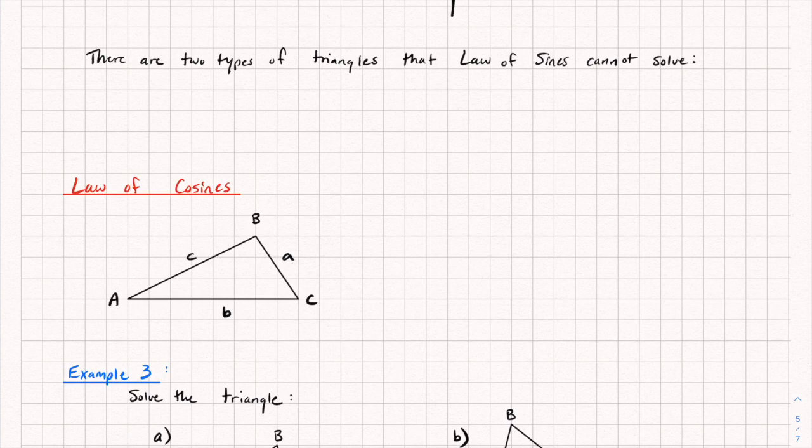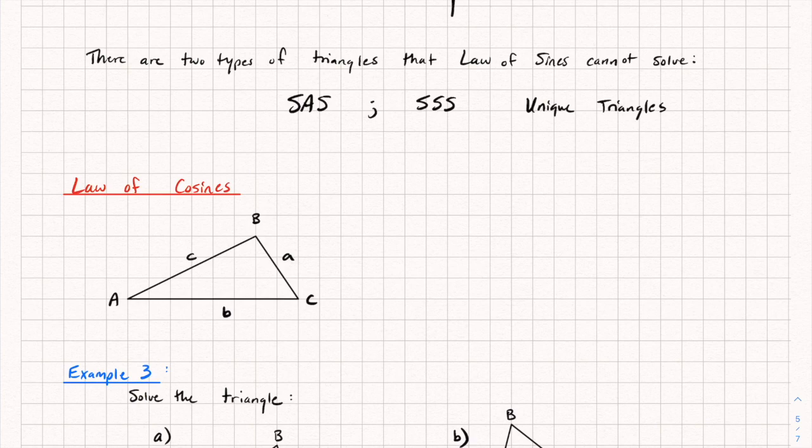Now, those two cases are specifically side, angle, side, and then side, side, side. Right? And both of these cases, we would be able to draw unique triangles. There would be no other way to come up with another possible triangle. Thus, there's no ambiguous case when you have a law of cosine type issue.